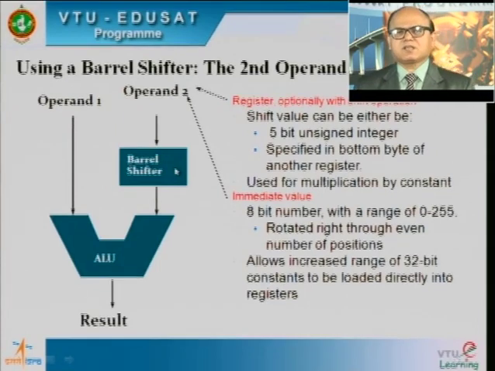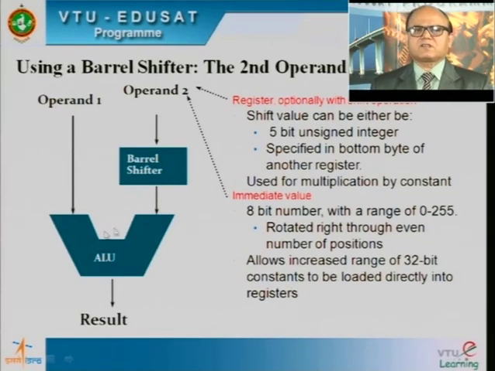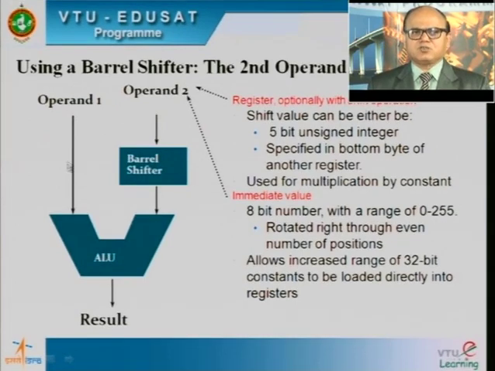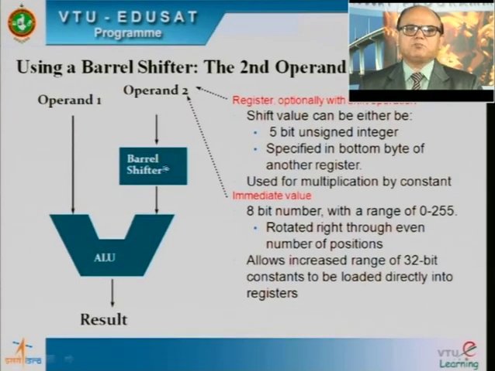The ALU gets input directly from the register, which I have shown as operand 1 here, and the second operand is fed to the ALU through a barrel shifter. A barrel shifter is a unit which does some pre-processing of the data before the data is fed into the ALU.